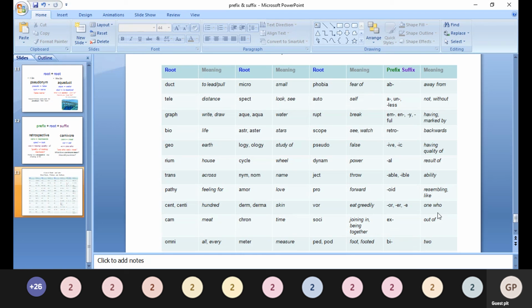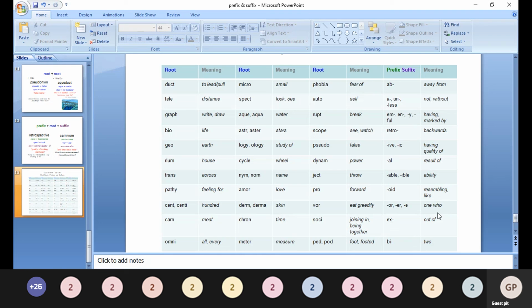Nom. Amor is to love. Derma, skin, dermatology, so study of skin. Chron is time. Meter, measure. Phobia, hydrophobia, the phobias. Auto, self. Rupture, to break.